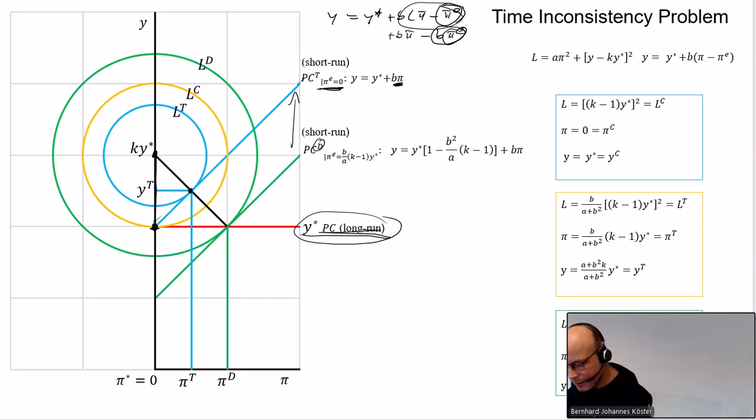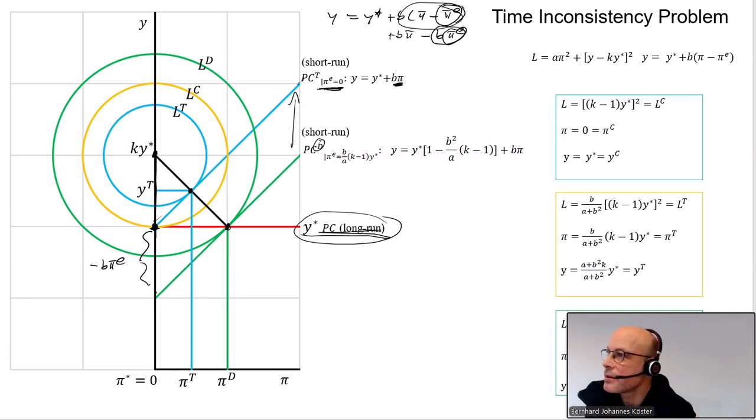And the last one, the green part we have here, when this difference here is minus b times pe, that in this case of rational expectations, then of course we have again the coincidence between the same slope, but we end up with a higher inflation rate.